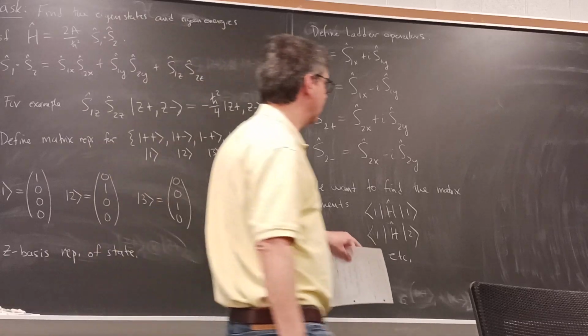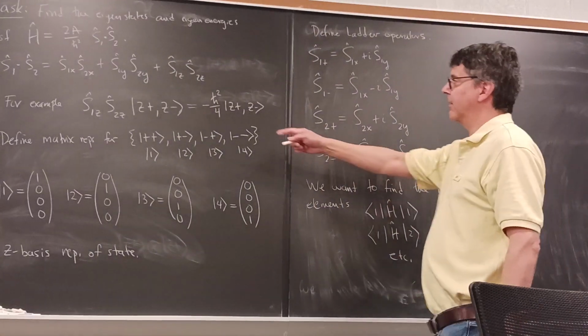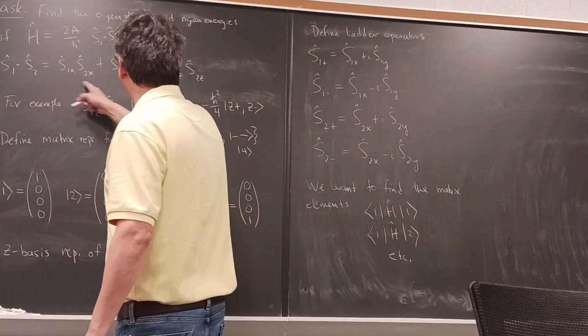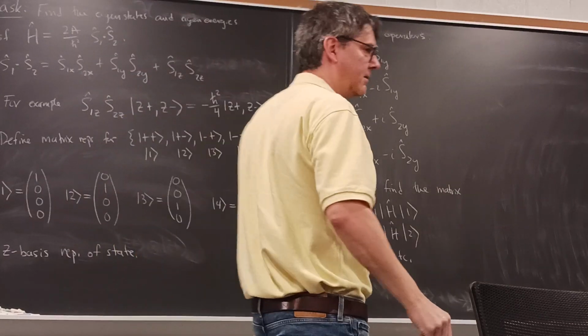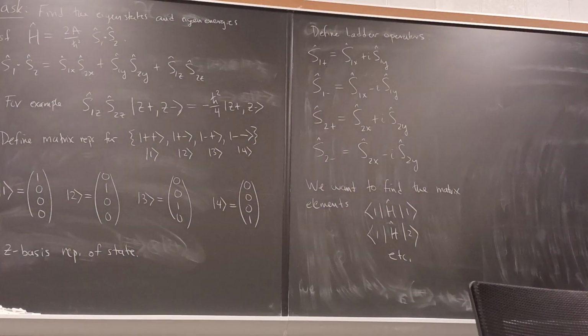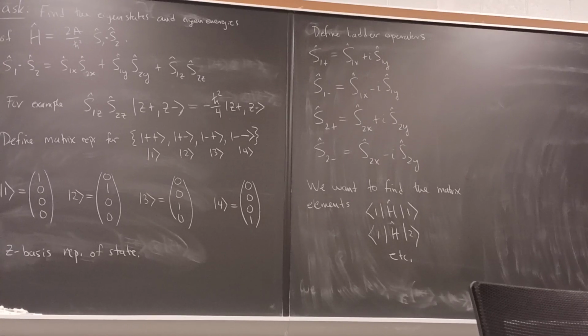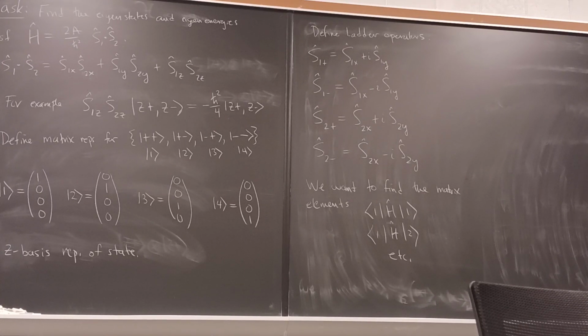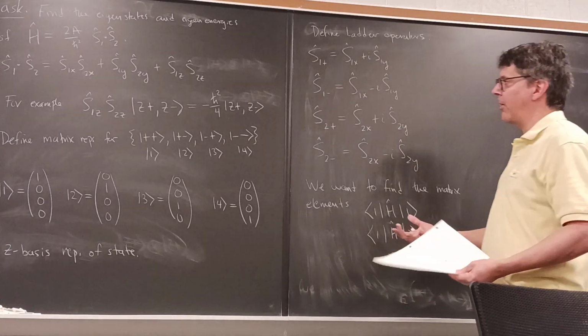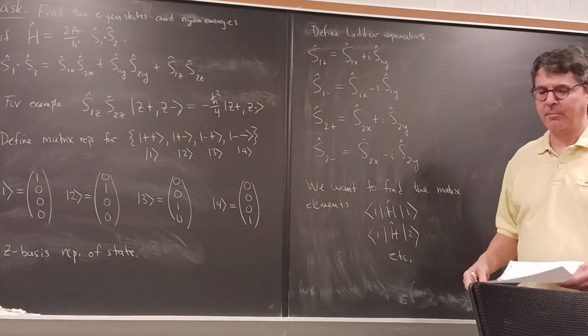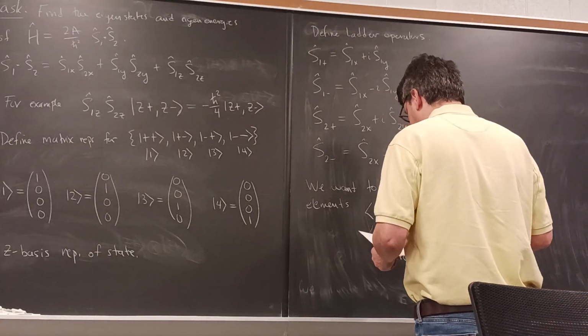So we want to find a way to rewrite this S1 dot S2 and get rid of these S1x's and S2y's and replace them instead with the raising and lowering operators, because we know what the raising and lowering operators do. So let's calculate.